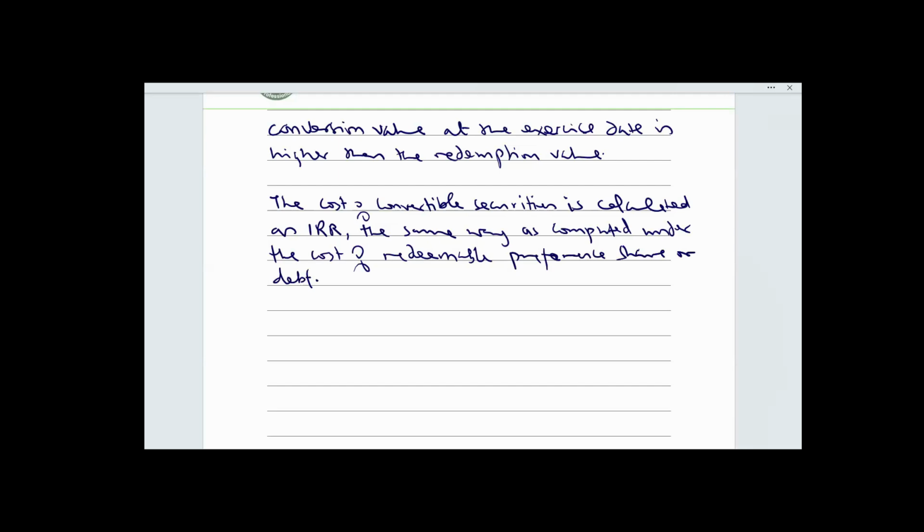Anytime you're asked to calculate cost of convertible security, just go ahead and calculate internal rate of return. It's as simple as that.